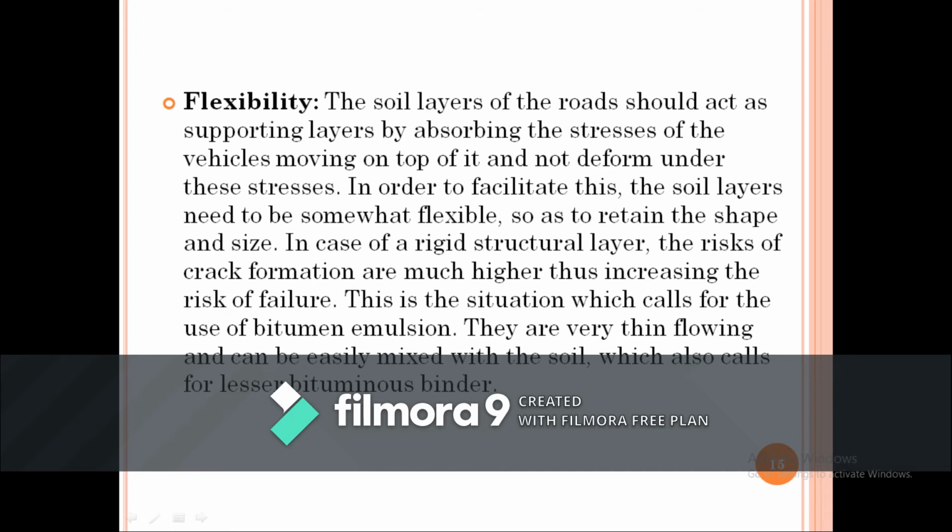That is the main thing that the road, or the topmost layer, needs to do. In order to facilitate this, the soil layer needs to be somewhat flexible so as to retain its shape and size. So mainly, whenever there is some stress acting on it, it should sag.